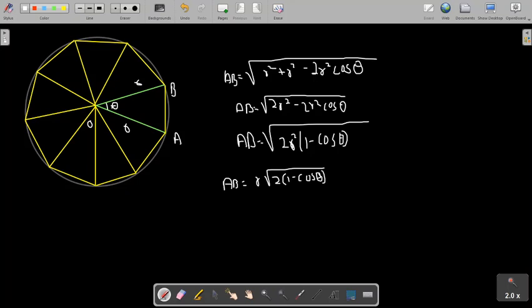So we got till this equation. Now if we were to multiply this side by the number of triangles, we would get an approximate of the circumference. So how many sides are there in this scenario? 1, 2, 3, there are 10.